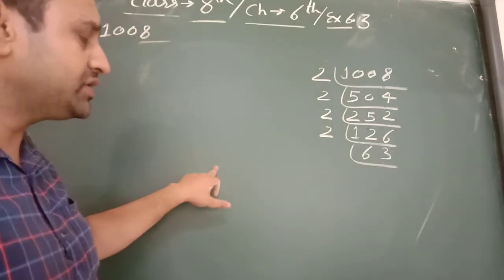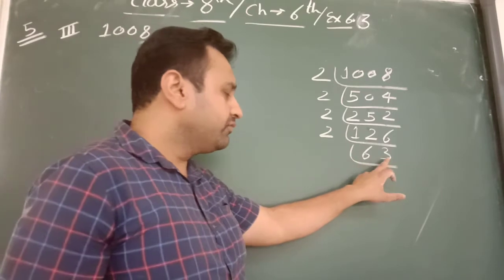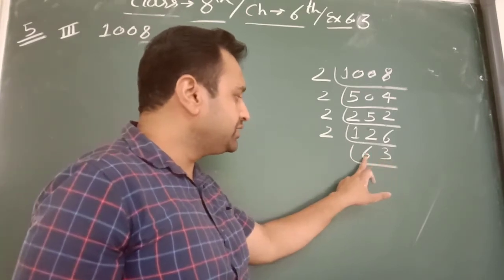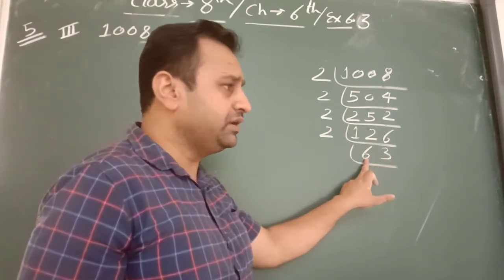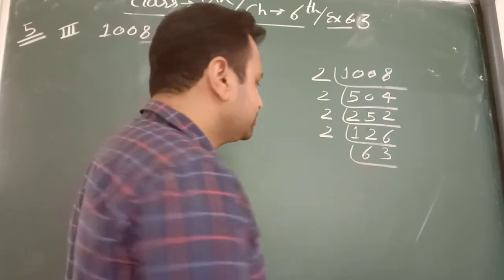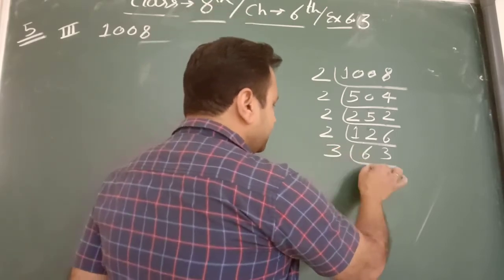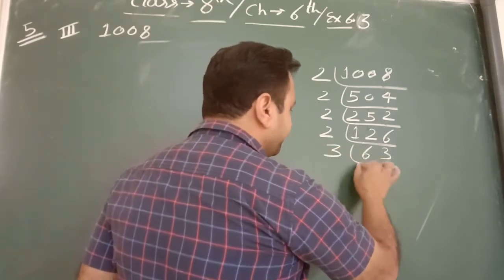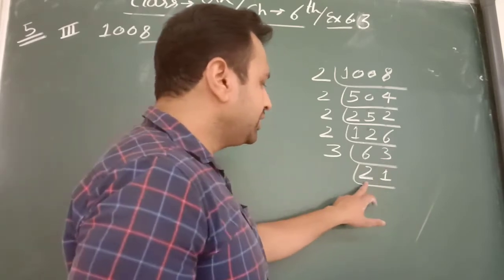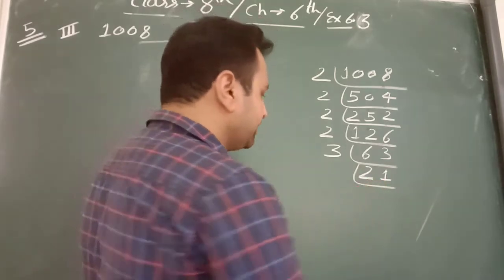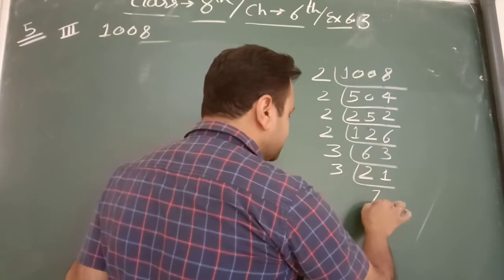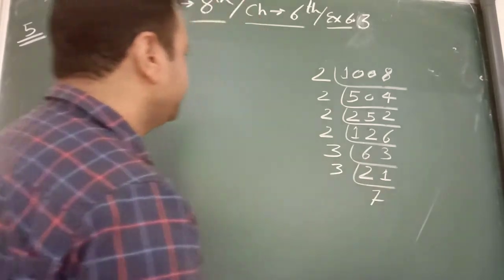After 2 we try 3. For 3, the sum of the digits must be divisible by 3. 3 plus 6 is 9, and 9 is divisible by 3. So we can divide it by 3. 3 2s are 6, 3 1s are 3. Again 21, 2 plus 1 is 3, it is divisible by 3, and then 7. And 7 is a prime number.